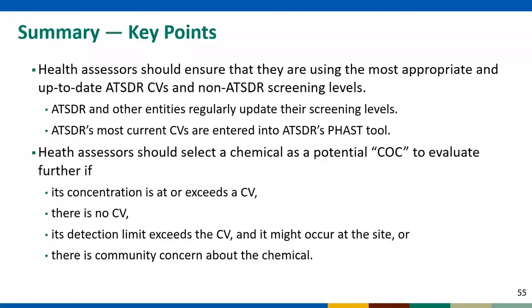We should select a contaminant as a chemical of concern if its concentration is at or exceeds an appropriate health-based ATSDR CV or non-ATSDR screening level, if there's no health-based ATSDR CV or non-ATSDR screening level, if its detection limit exceeds the ATSDR or non-ATSDR screening level and it may occur at the site, or if there's a lot of community concern about the chemical.